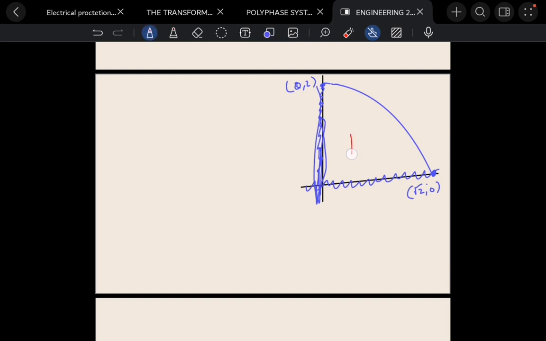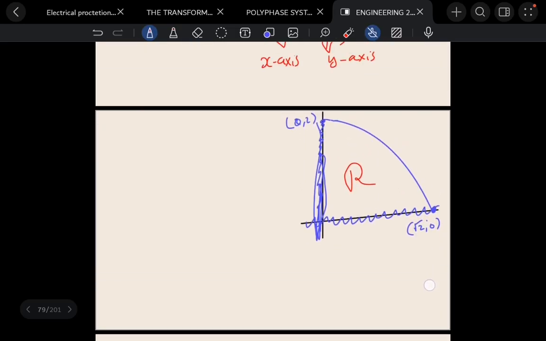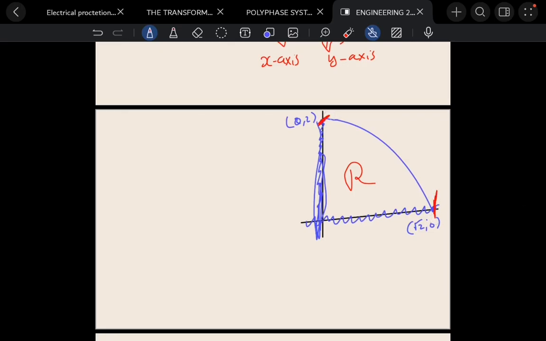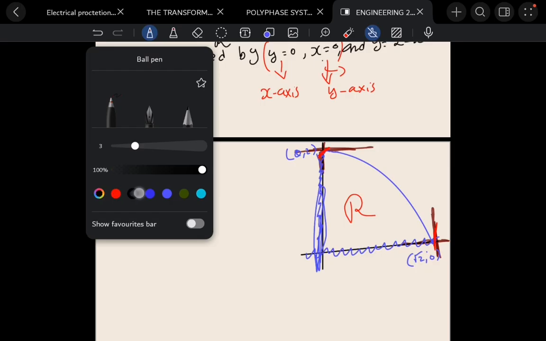So this is your region I'm talking about. Now at all these corners, we should draw a horizontal line and a vertical line. Now if you can see, all of these lines are not inside the region. So it's going to mean the same thing.